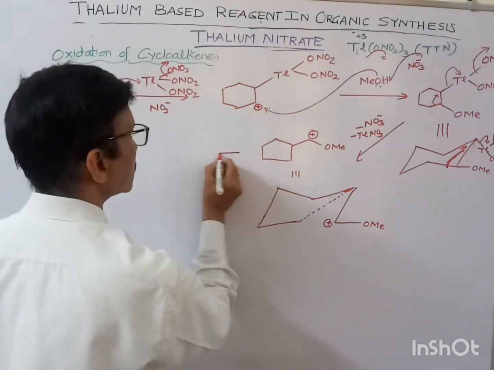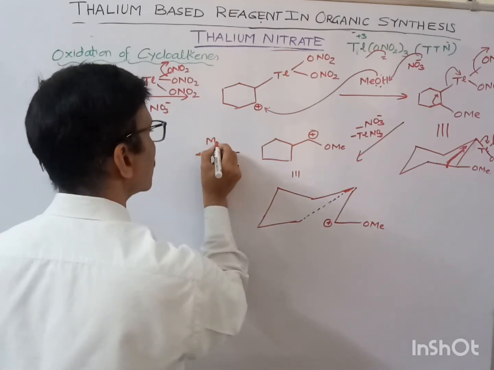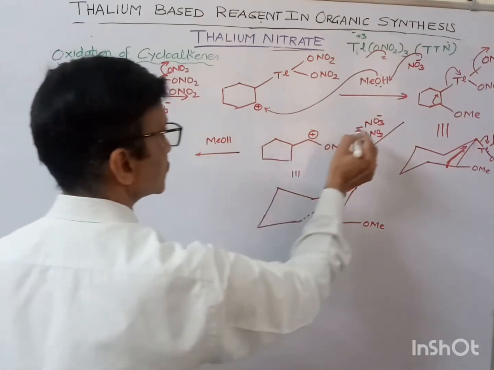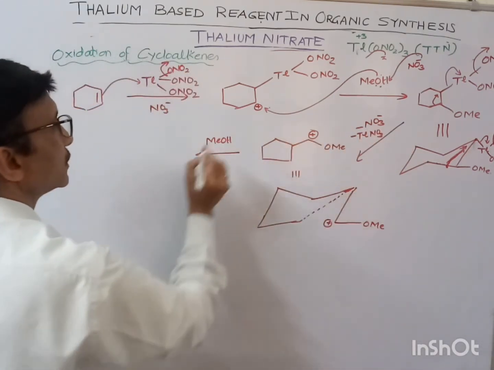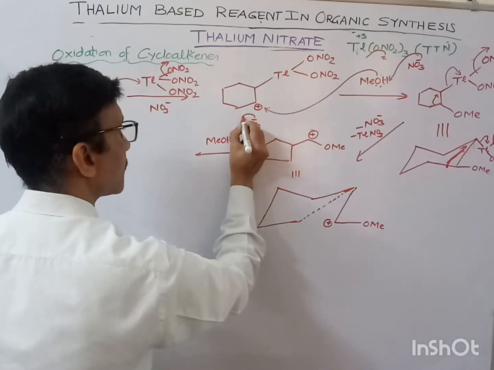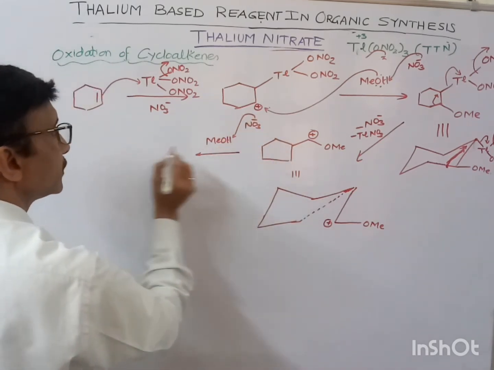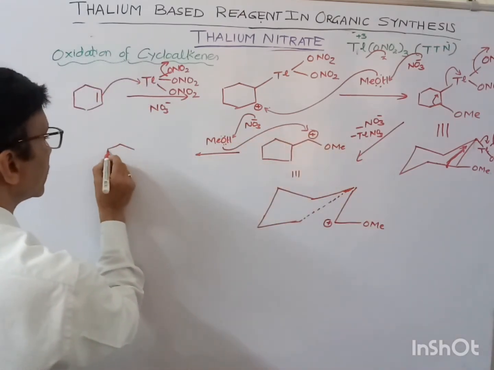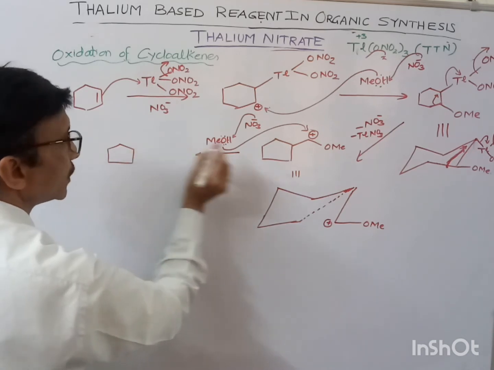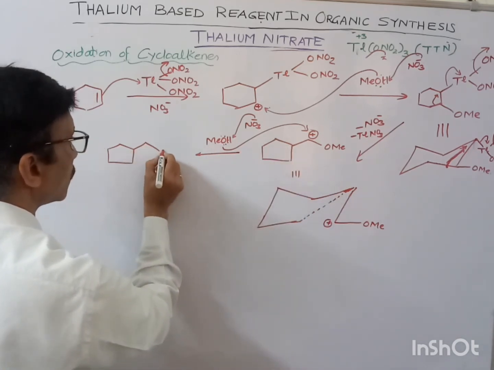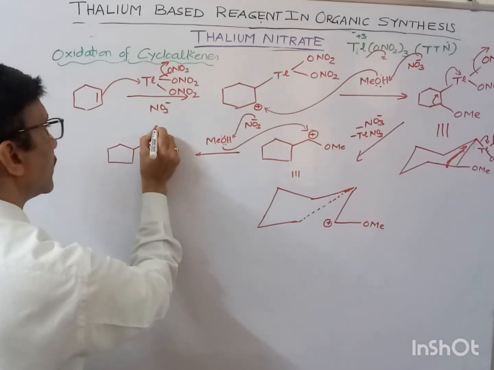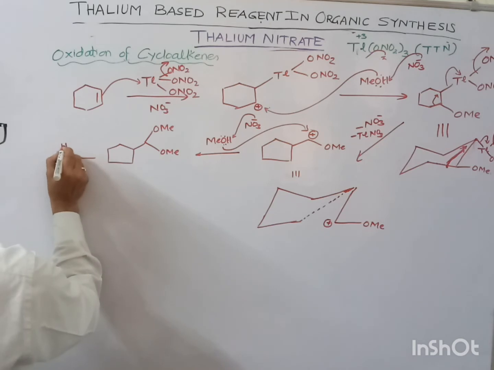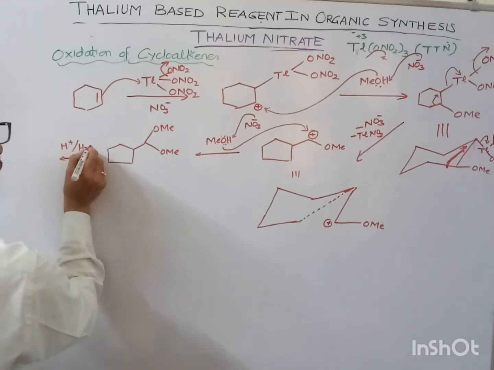Now in next we have another methanol molecule which can attack over this center, and this nitrate ion will grab this proton and it will attack over the center, and what we will get, OMe or methoxy, and finally we can do the hydrolysis.